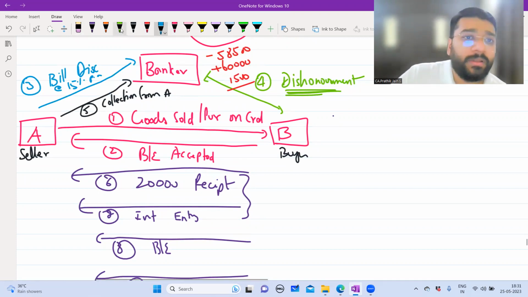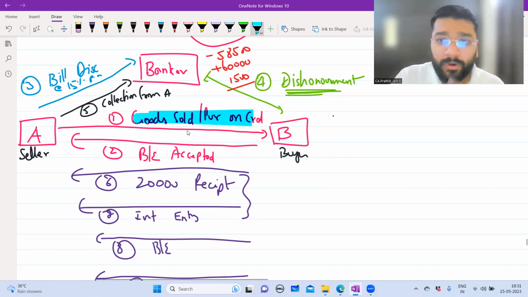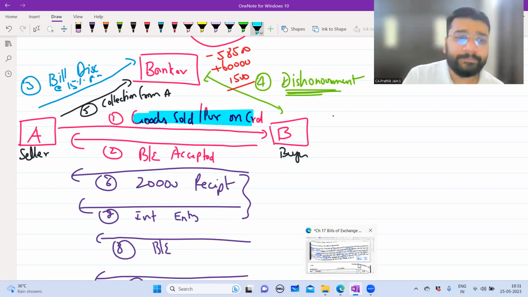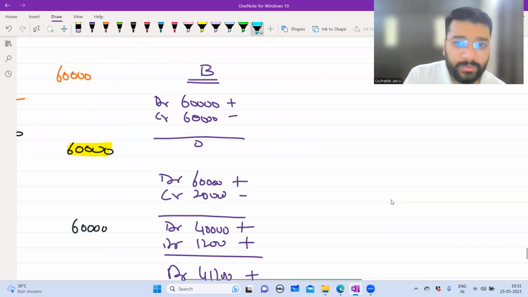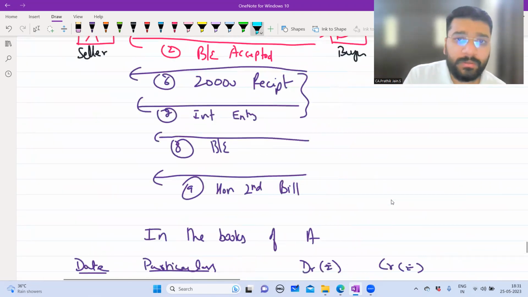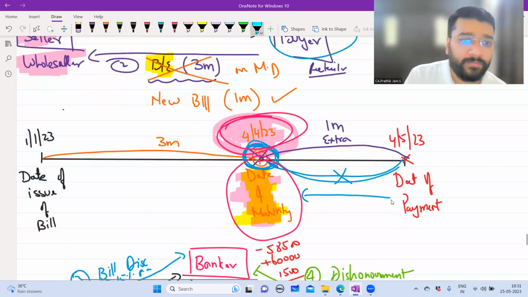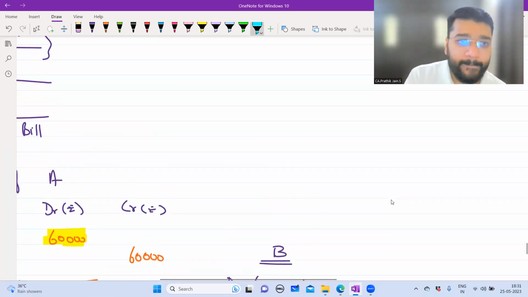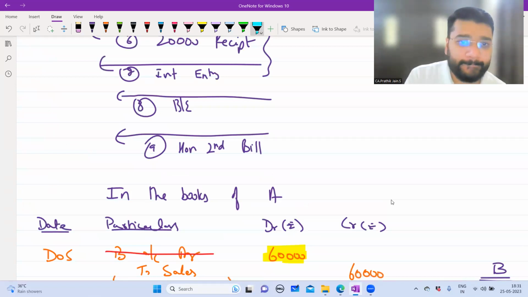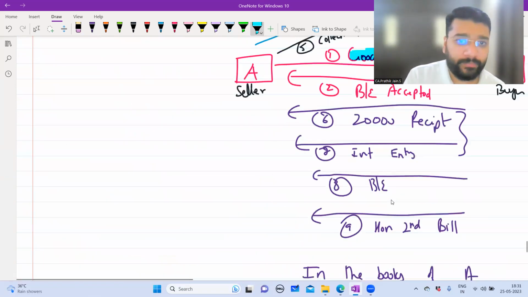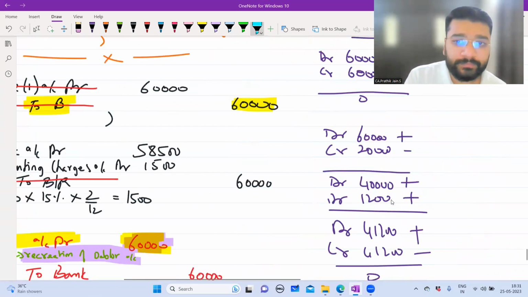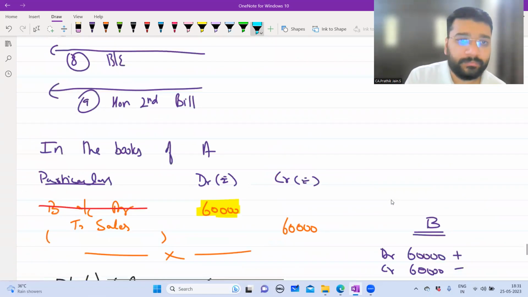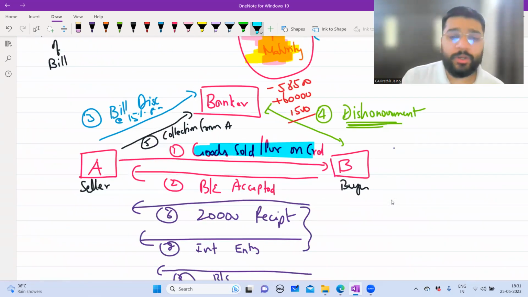Now, the first transaction is happening between A and B for purchase of goods. So for purchase of goods, what will be the entry? I'll just show that answer from your textbook itself.